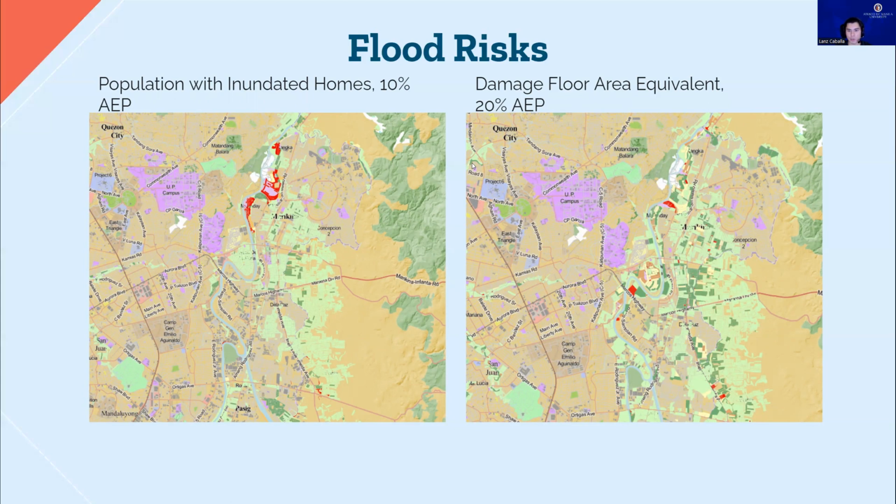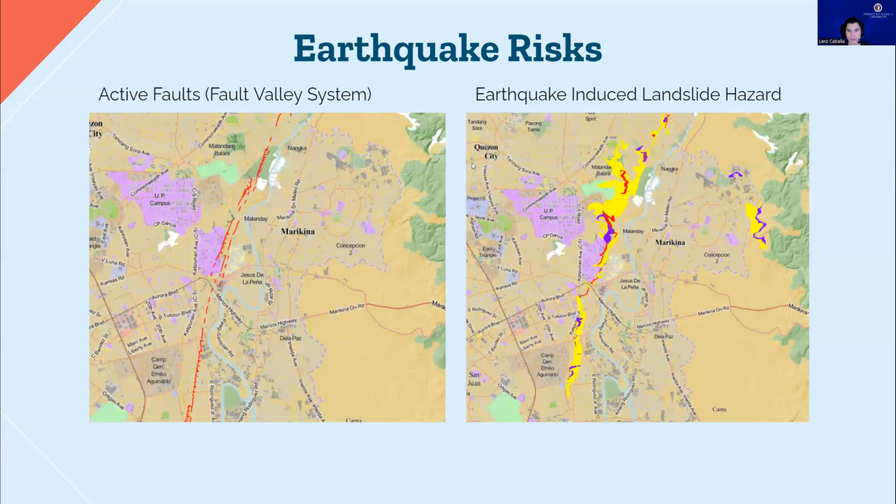It could also be observed that a large portion of the city in green experience both types of flood risk. Similarly, the western portion of Marikina also experienced the greatest risk of damage and casualties in the case of earthquake, with the West Valley Fault System passing through barangays Barangka, Industrial Valley, and Malanday.